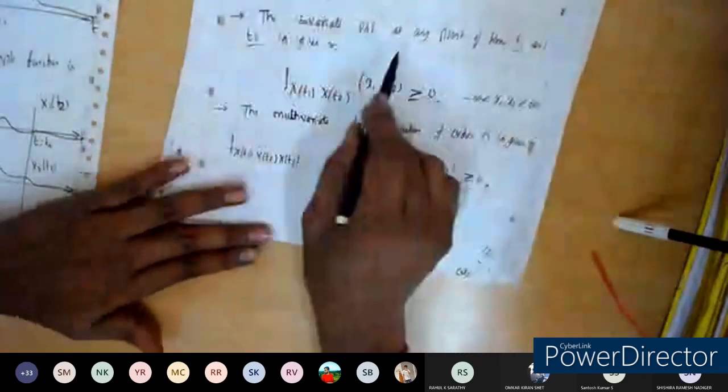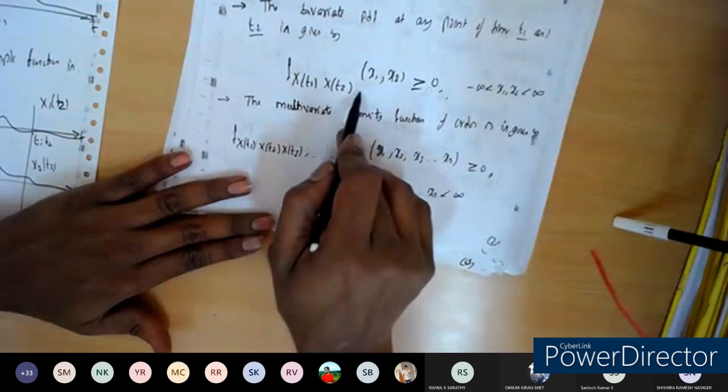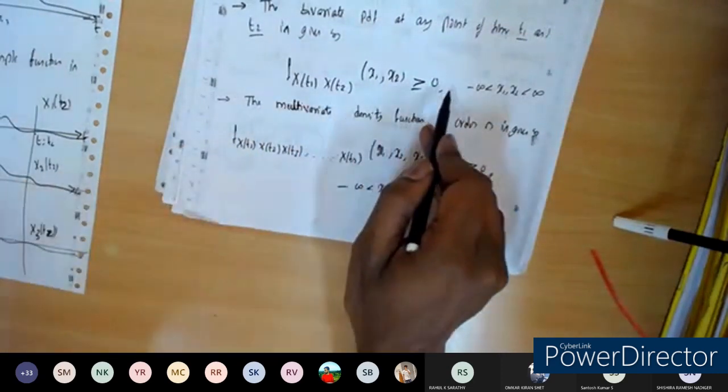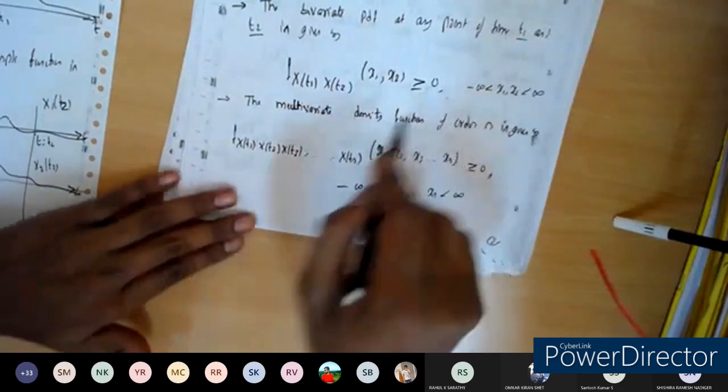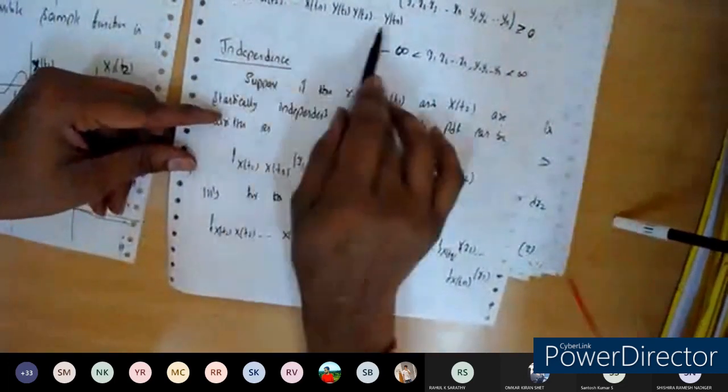For the bivariate random process, if you consider two random processes at two different time instants, it is defined as f of X of t1, X of t2 at x1 and x2. Similarly, we can define the multivariate random process, and the joint random process in terms of x and y.